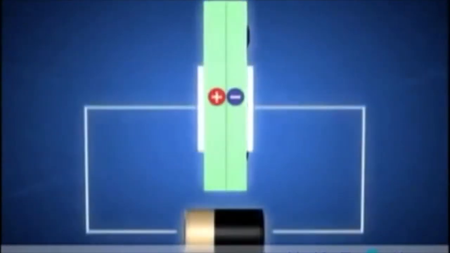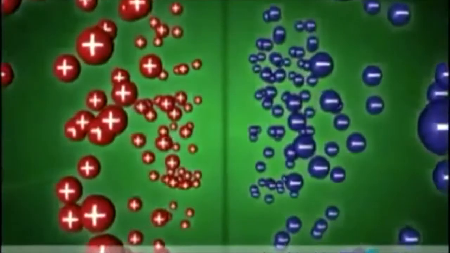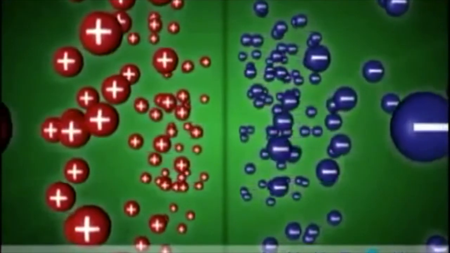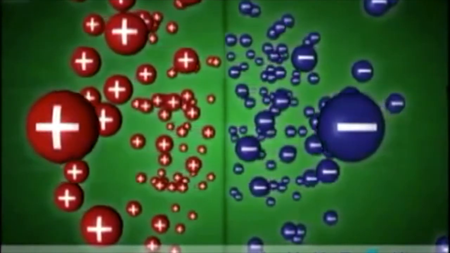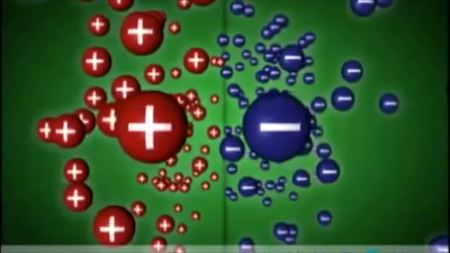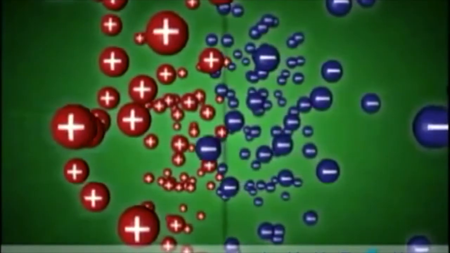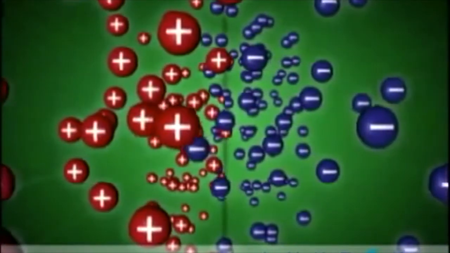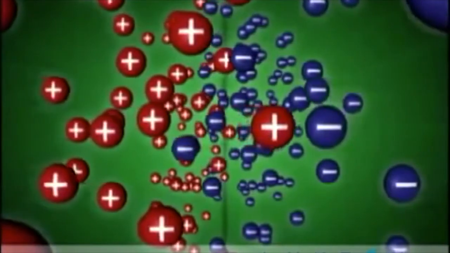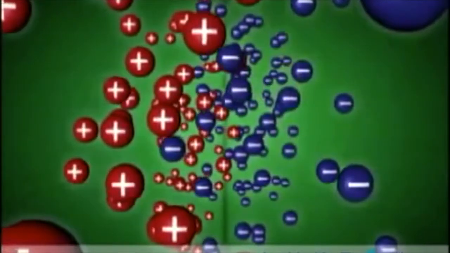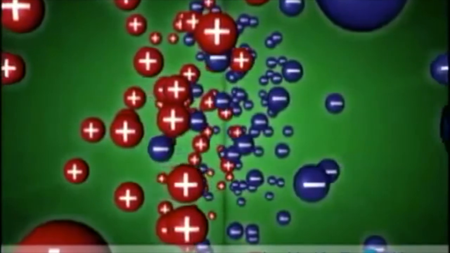When a current supply is connected to the diode, the negative charged electrons are forced to move one direction, and the positive holes move in the opposite direction. When a free electron comes near a hole, it combines with the hole. The holes exist at a lower energy level than the free electron, so the electron must lose energy to combine with the hole. This energy is released in the form of a photon, or a unit of light.